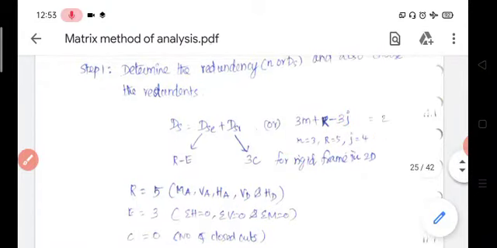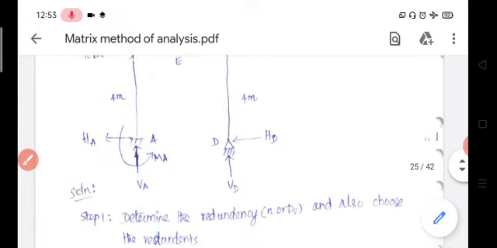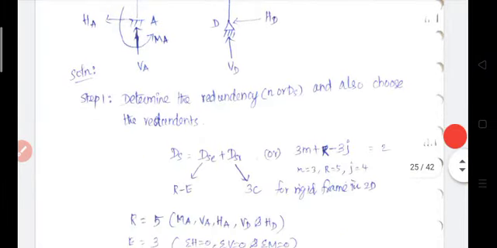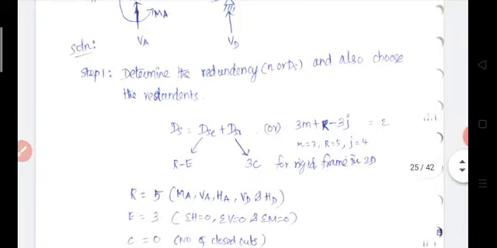In this portal frame there are 3 members, AB, BC and CD, and 4 joints, A, B, C and D, with 5 unknown reactions. Substituting m, r and j, the degree of indeterminacy is equal to 2.